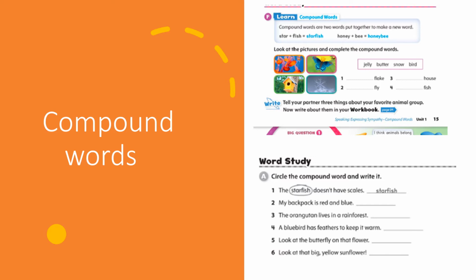As you know, compound words are two words put together to make a new word. For example, star and fish are two different words, but when we combine them, it makes one word, starfish.